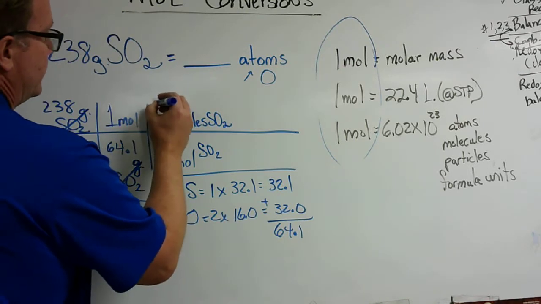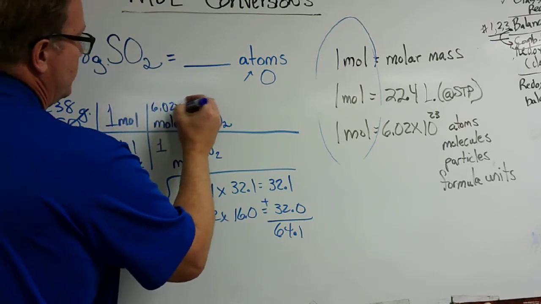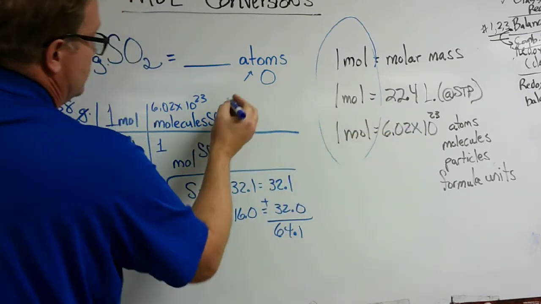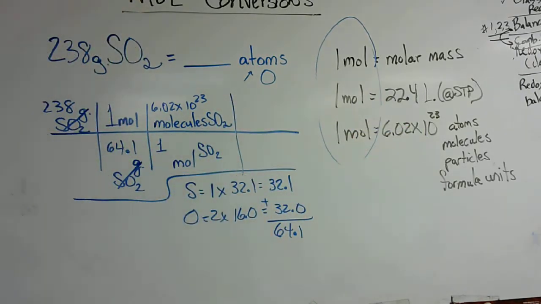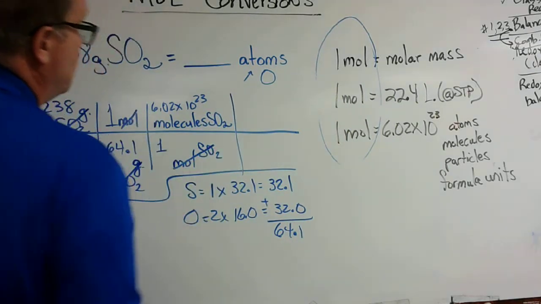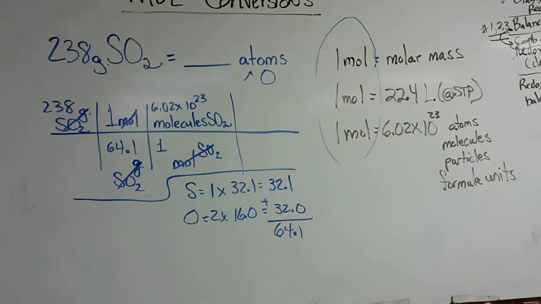And then we're going to use our standard number, which is 6.02 times 10 to the 23rd molecules, which is over here. And SO2 is considered a molecule. Then we're going to go ahead and cancel these guys out. So now I'm in molecules of SO2.